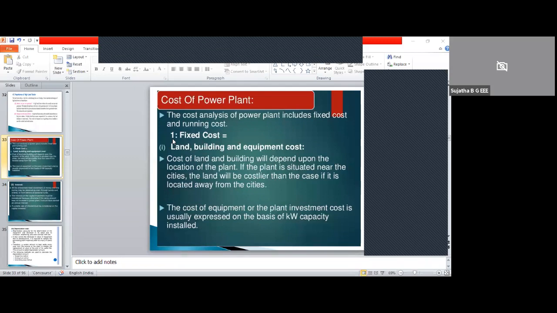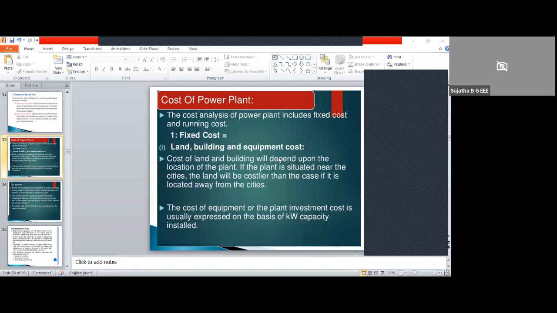First, fixed cost. Under fixed cost, land, building and equipment cost. Next, when I will be solving the problems, you should know how to calculate fixed charges and running charges. So some points you note down.